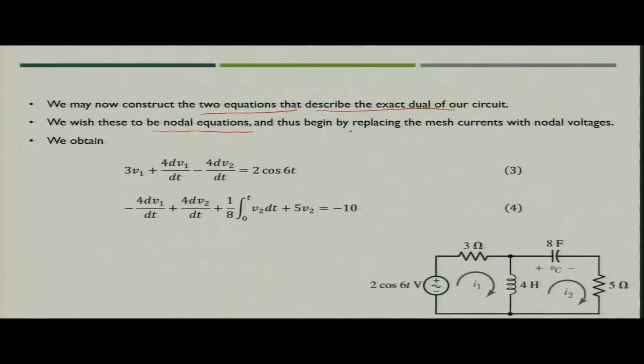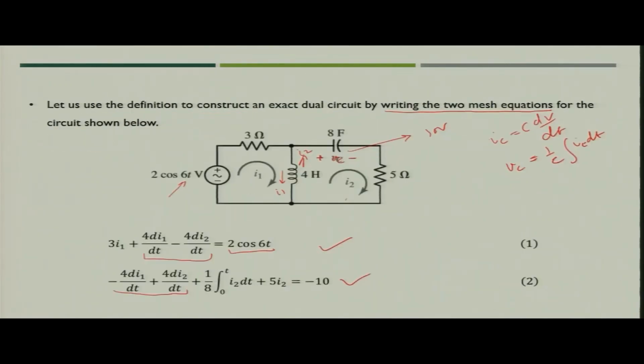We can just replace the mesh current with the nodal voltage. In this case I1 is the mesh current, so we can simply replace I1 with V1 and I2 with V2, and we can write the exact dual of these two equations.